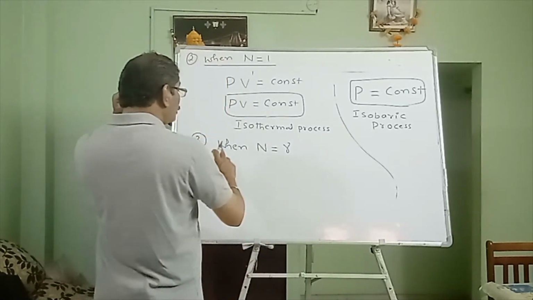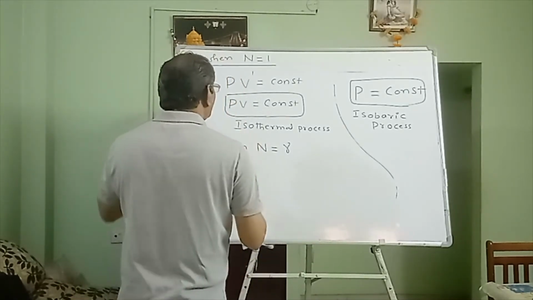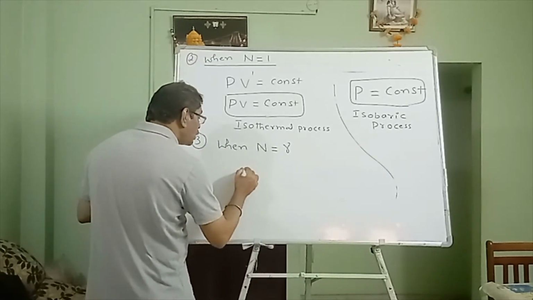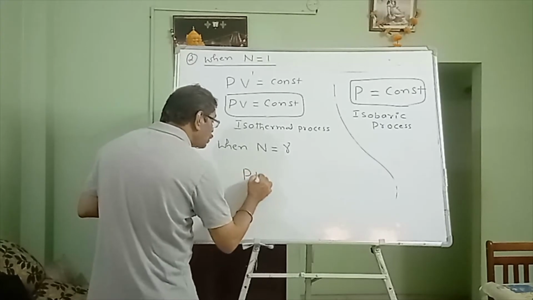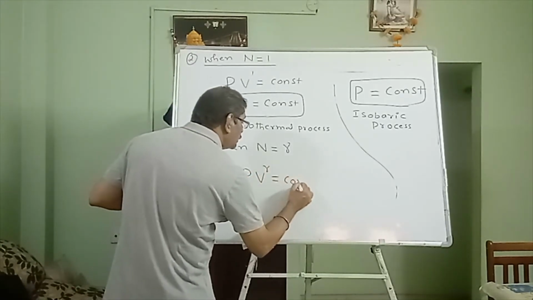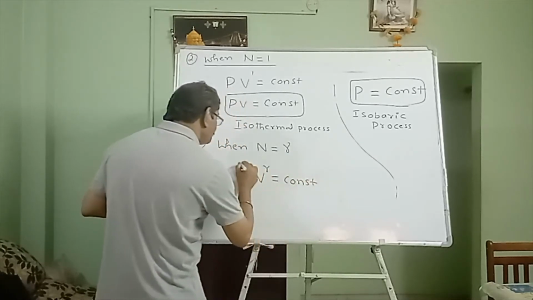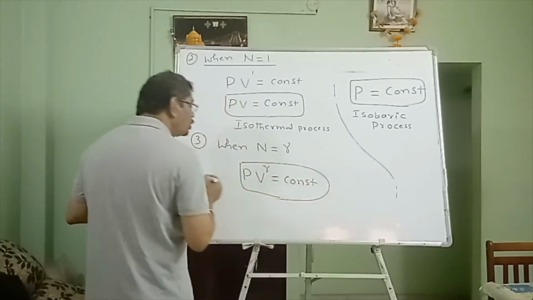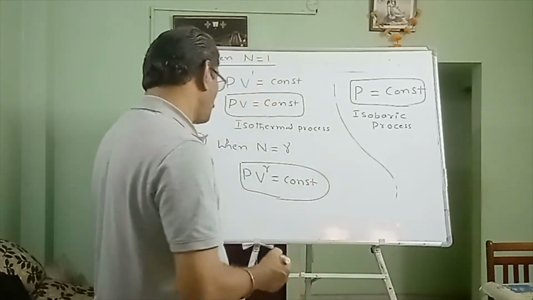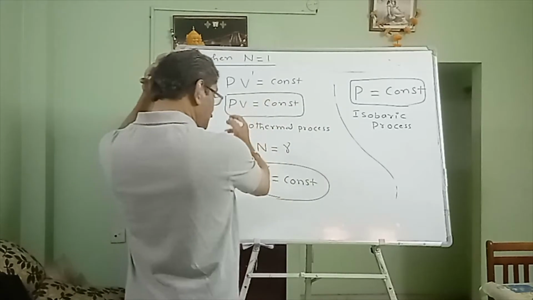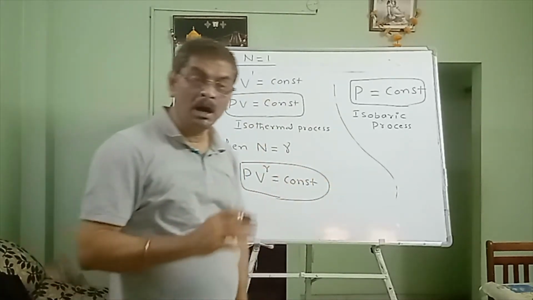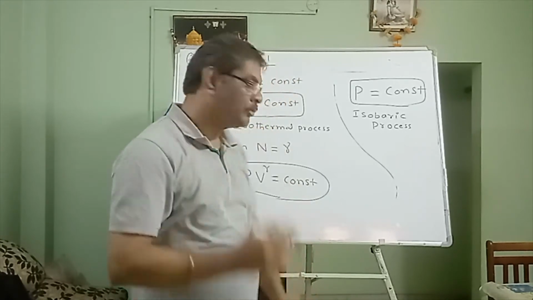When N equals gamma, we get PV^gamma equals constant. This is the equation that represents the adiabatic process.